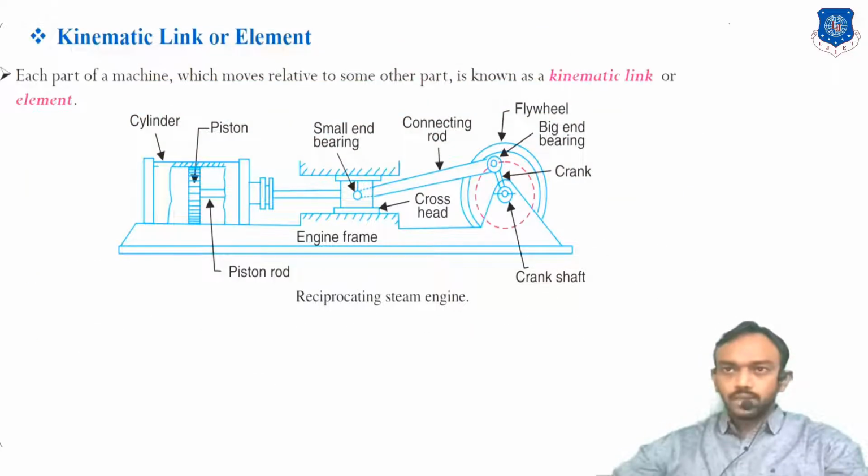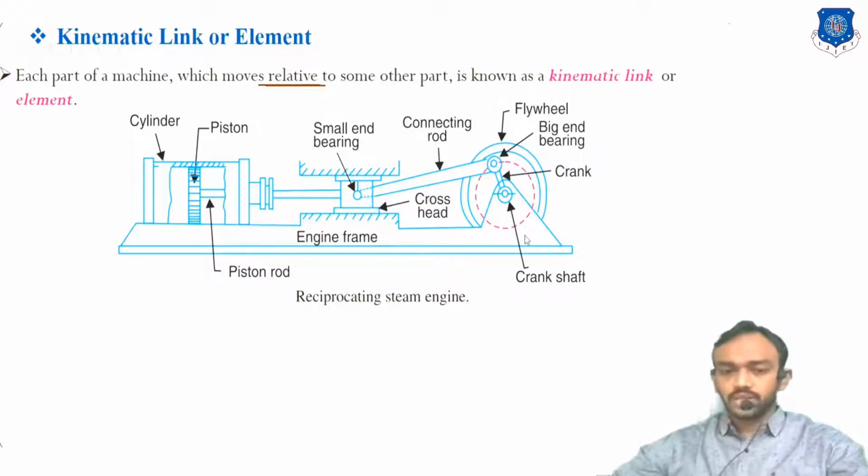Okay, let's start with the kinematic link or kinematic element. Each part of a machine which moves relative to some other is known as a kinematic link. You can see in this figure there is a reciprocating steam engine, and lots of elements are there.